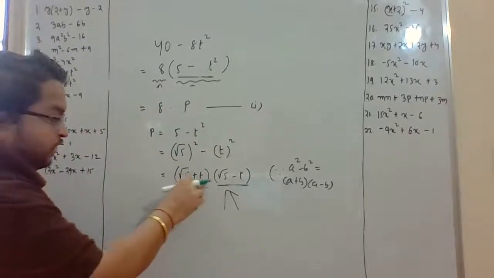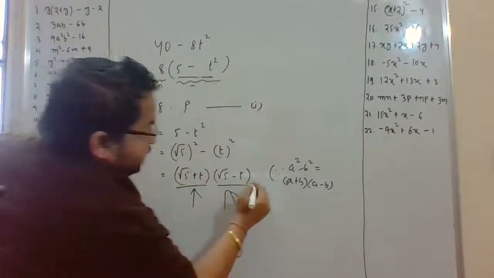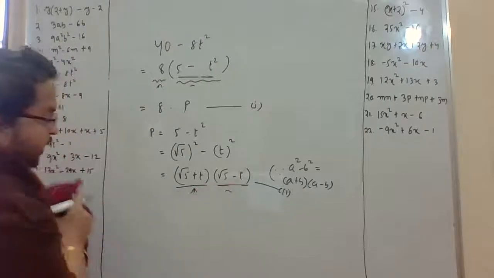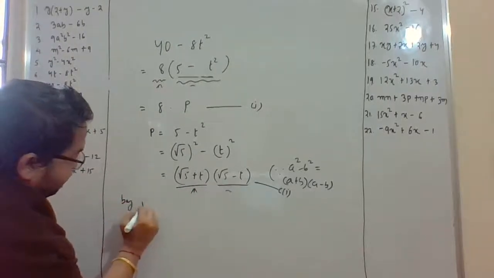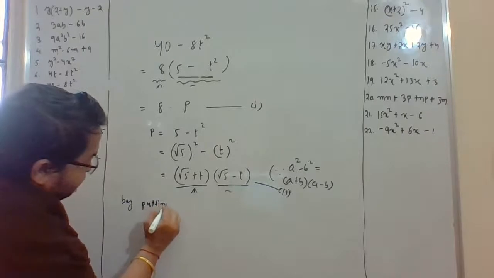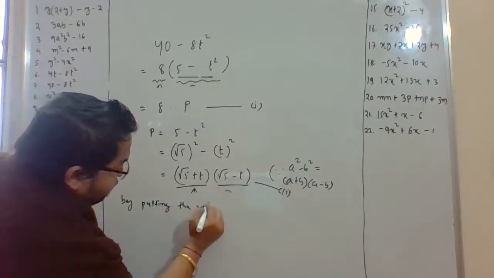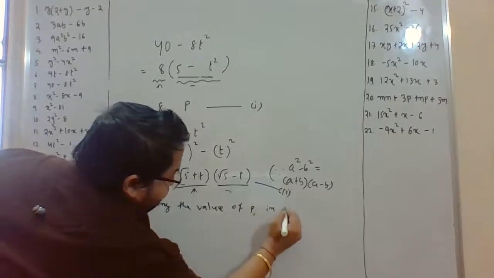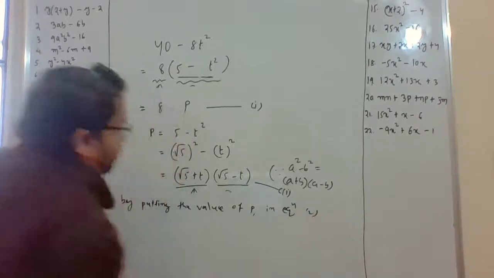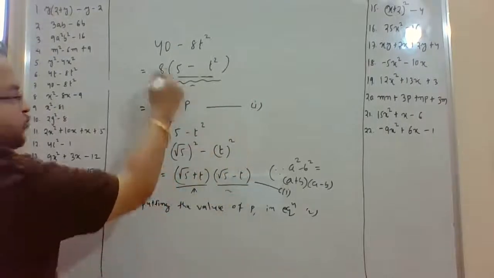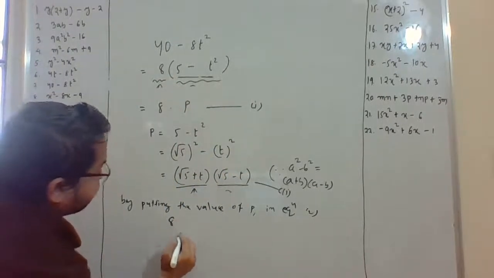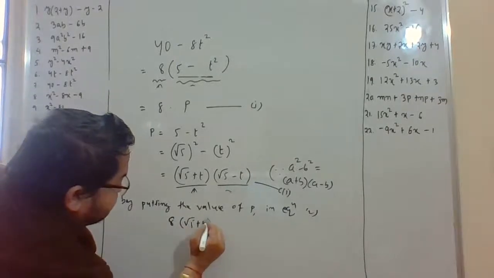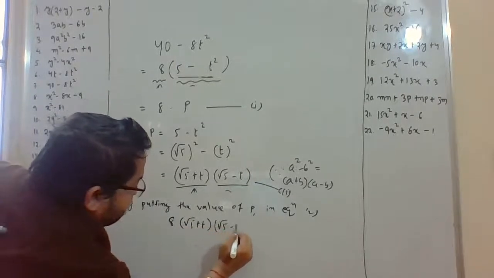And if you put this value of p in equation 1, so say this is your equation 2, and the next step you can write down that by putting the value of p in your equation 1, what do we get? Just put it, right? So this is 8 into root 5 plus t into root 5 minus t.